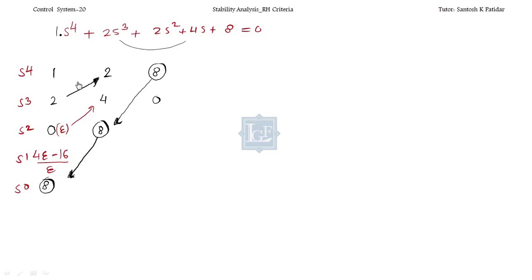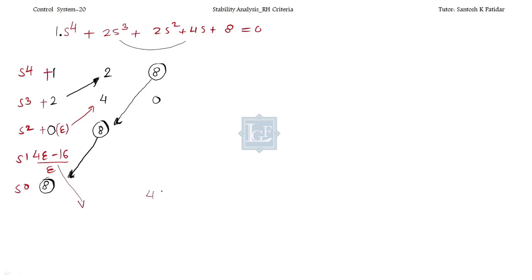Now we'll check the sign changes over here. This is the case where we are getting the 0 in the first column. We'll discuss the significance of this 0, but before that we'll see the sign changes. Over here this is plus, plus, this is also plus. Over here what will be the sign?